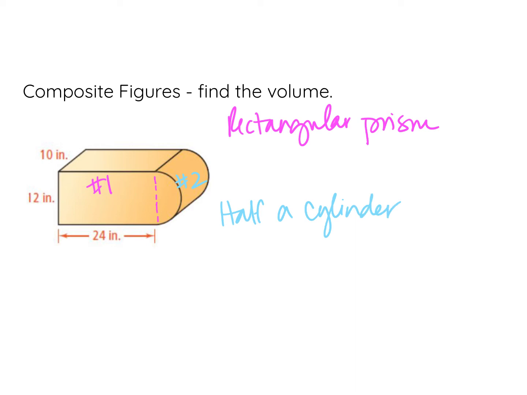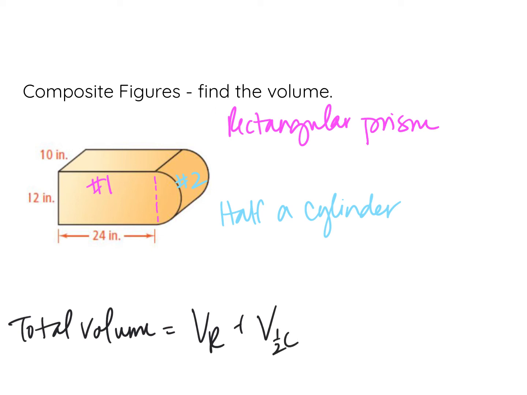It's like if I took that cylinder and sliced it right down the middle. So I'm just going to find the volume of each of those and then add those together, right? So total volume equals the volume of the rectangular prism plus the volume of half the cylinder. So I just have to find those two pieces.